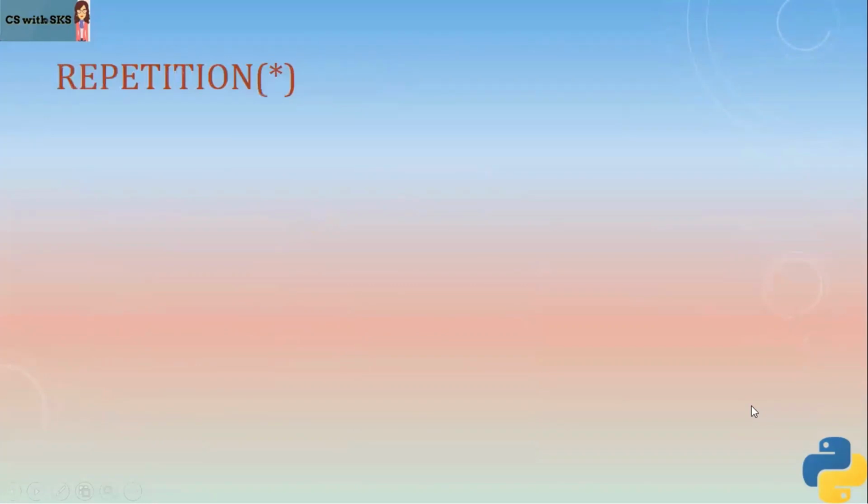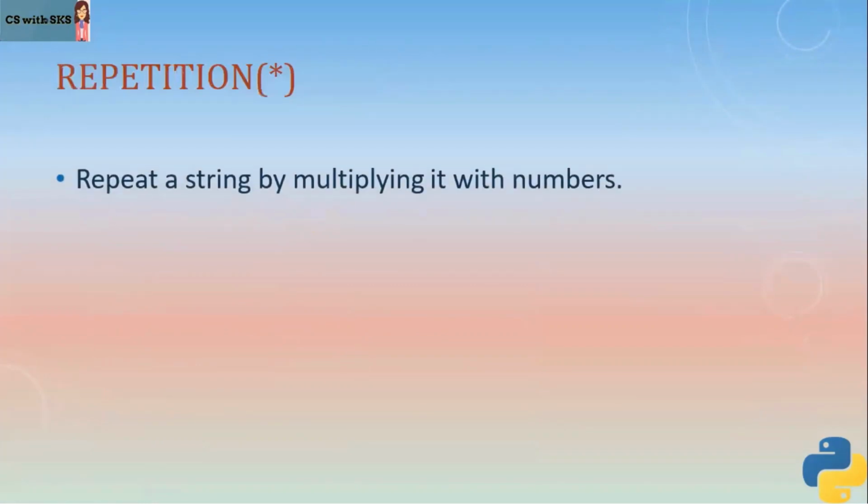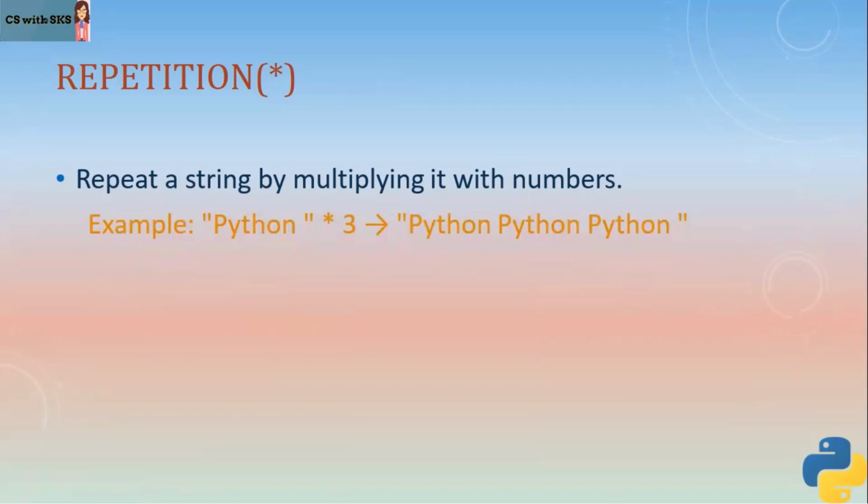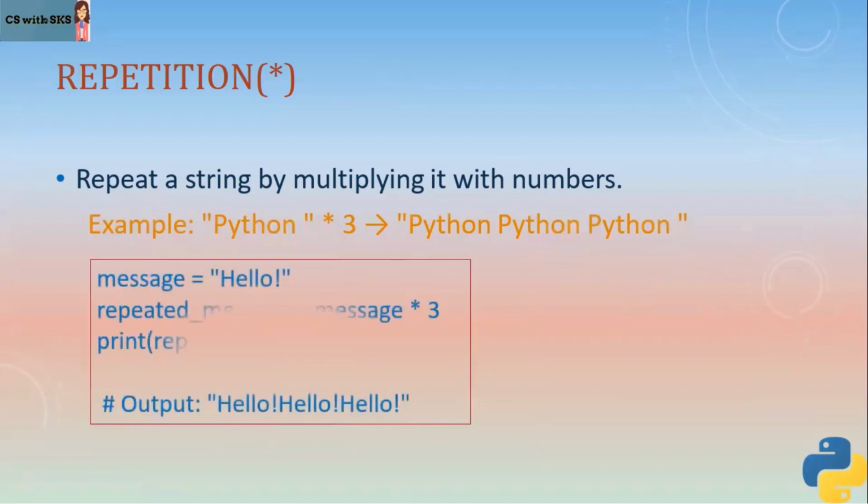Next, we have repetition. Now, repetition is repeating a string by multiplying it with some number, right? So if I write Python multiplied by 3, so Python is a string, multiplication sign, and I write 3 along with it, it will give me Python 3 times, right? So let's see an example.